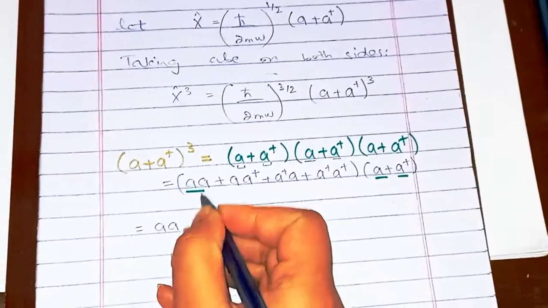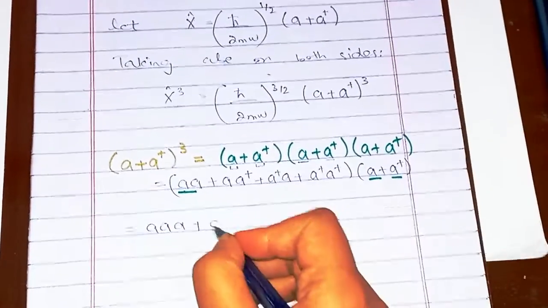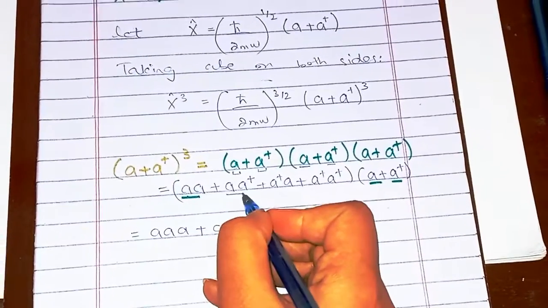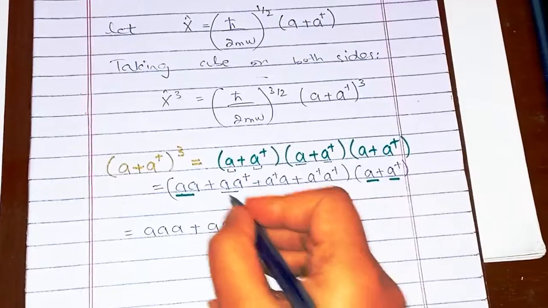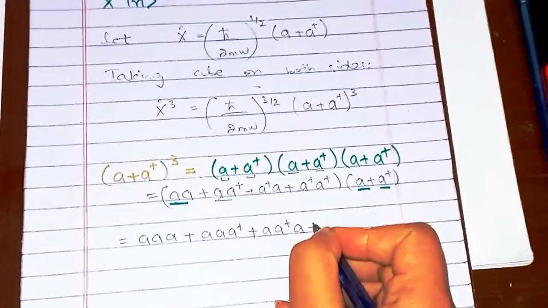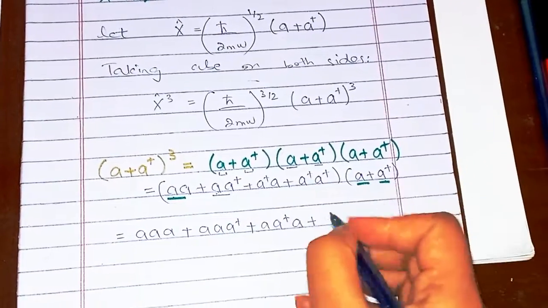So a and a, a†, then we are going to multiply this one with both of these, so it's a† then a. Order matters, keep that in mind. We'll have this one first and then this one, a† a†.